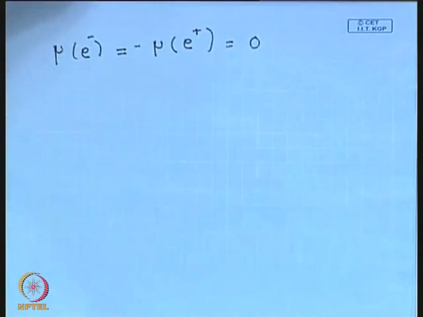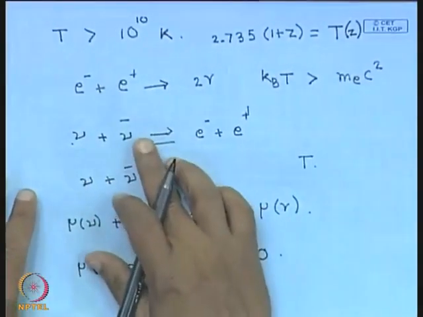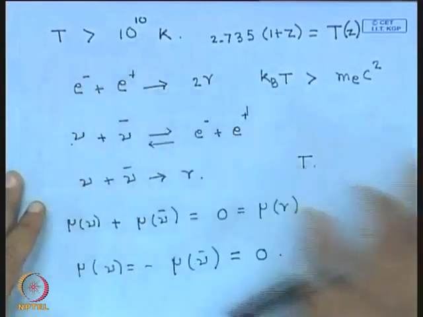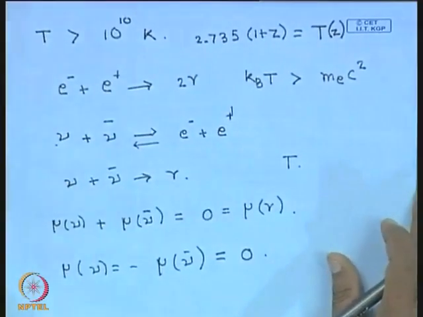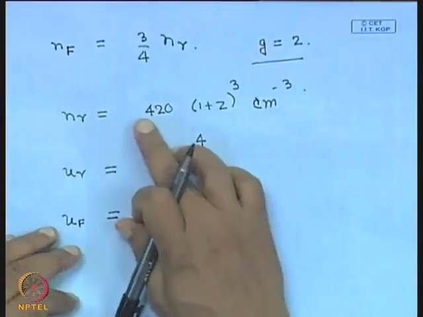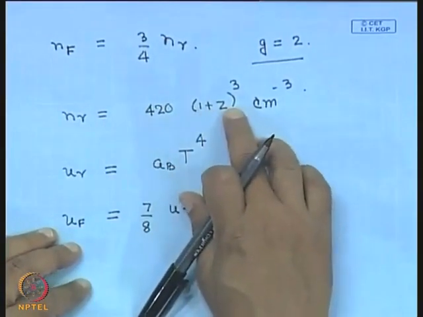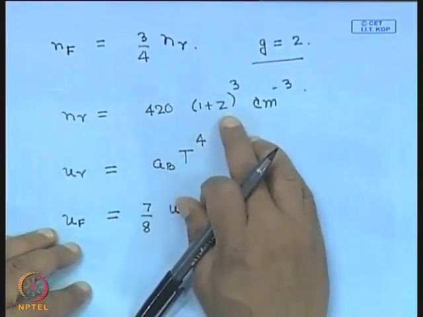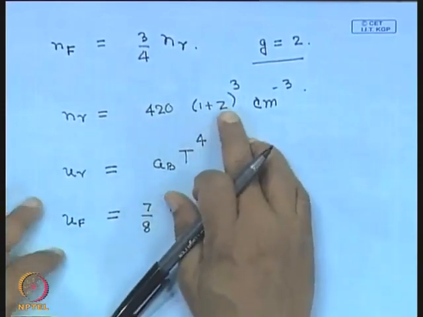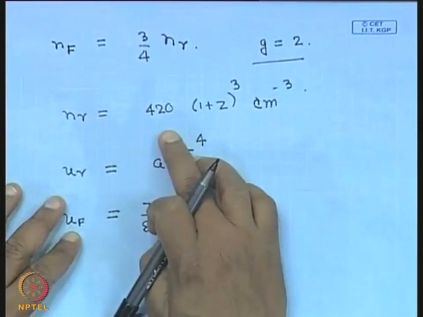So at these temperatures of 10 to the power 10 Kelvin, the number density of photons will be 420 into 1 plus z to the power, z will be of the order of 10 to the power 9. So the photons will have an enormous number density.